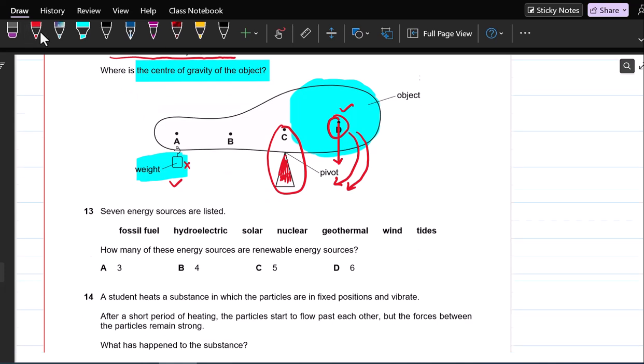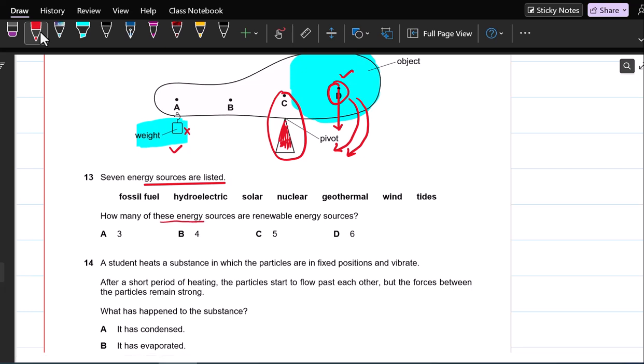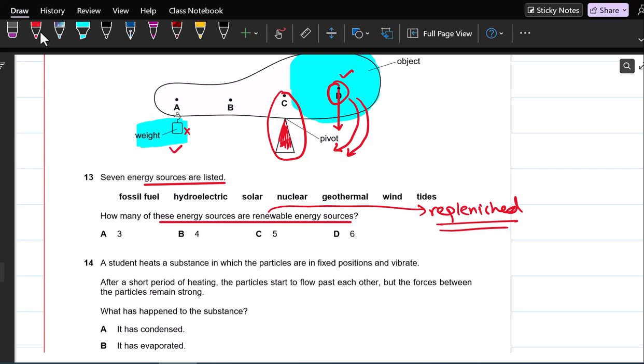Question 13. Seven energy sources are listed. How many of these energy sources are renewable energy sources? Renewable energy resources are the ones which can be replenished again, which can be used again.